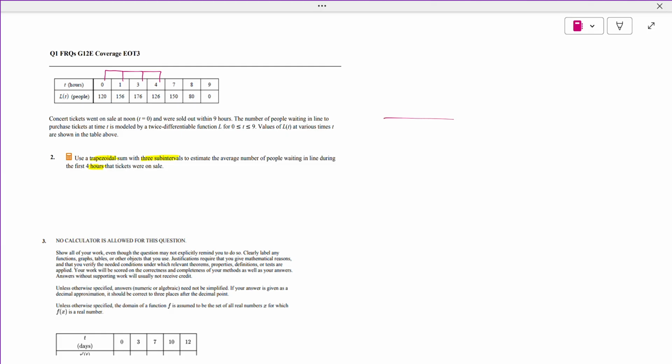So the first trapezoid is going from 0 to 1. This value here is 120, right? And this value here is 156. This is the trapezoid. So the area of this trapezoid is half times, this is B1, this is B2, and this is H. It's 90 degrees rotated, so it's not a right trapezoid, it's rotated.